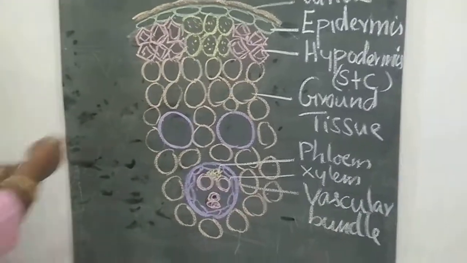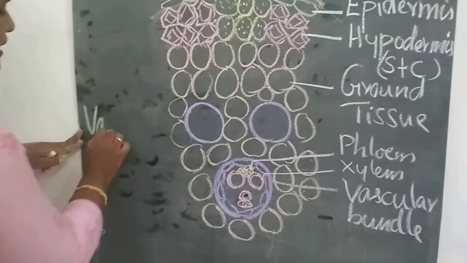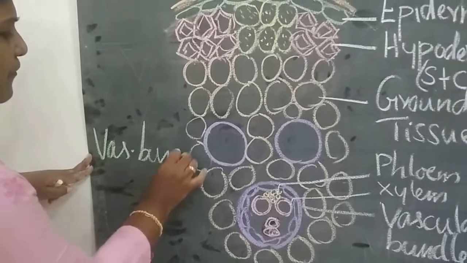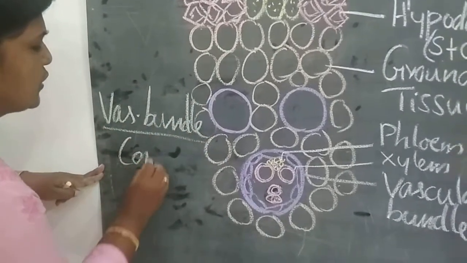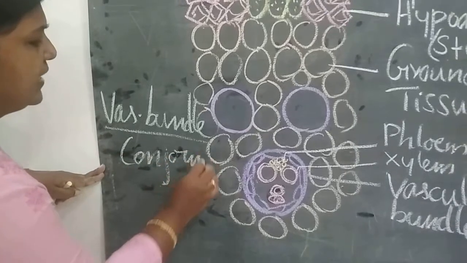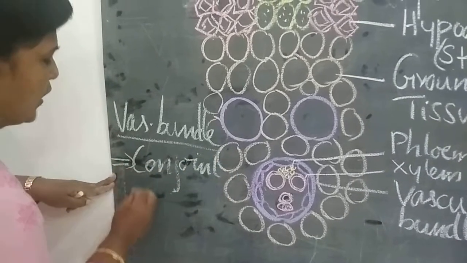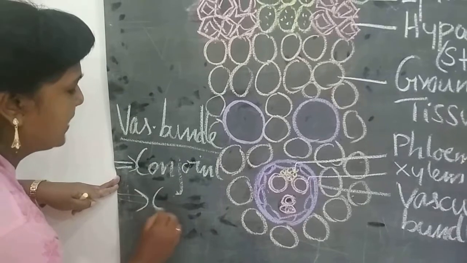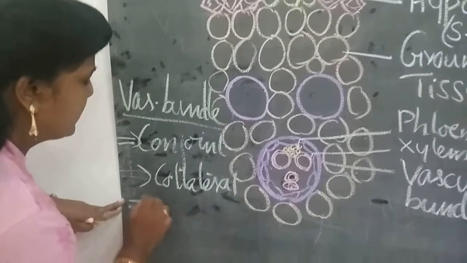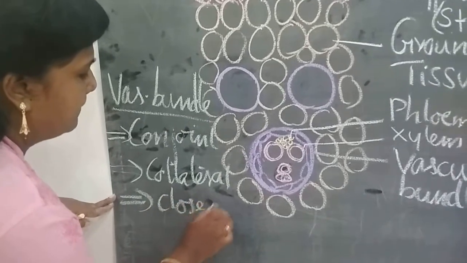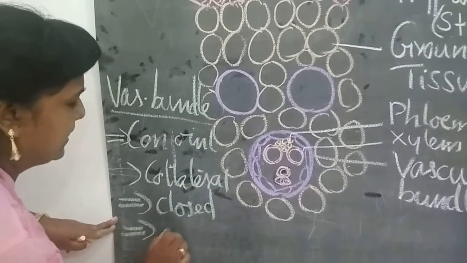Now, the vascular bundle is conjoined, collateral, closed and endarched.